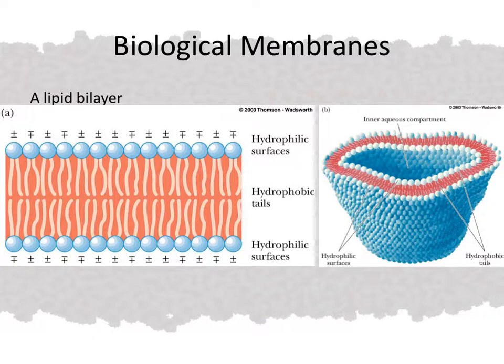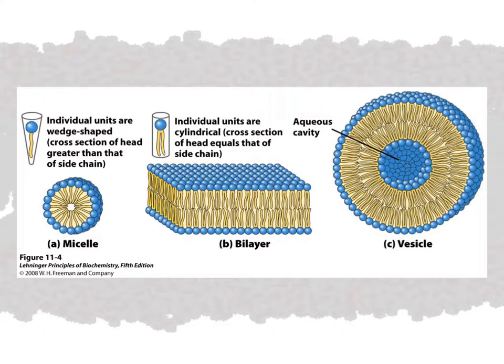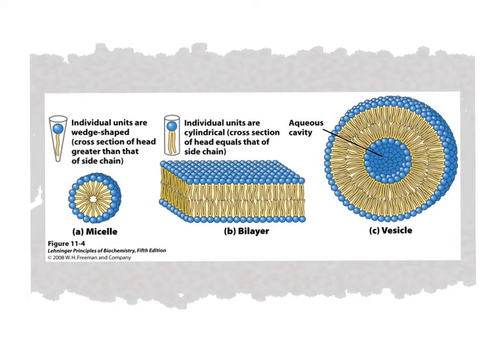As I alluded to just a moment ago, if you go to a low enough concentration, you can form what's called a micelle, where it still has a hydrophobic interior, but a hydrophilic exterior. And we actually use this all the time for detergent. The reason why it works, in the old days they actually used phosphates, but now we don't use phosphate detergent since it's bad for the environment.